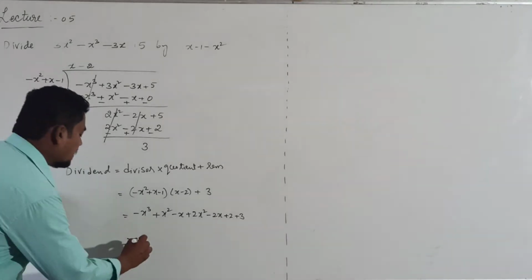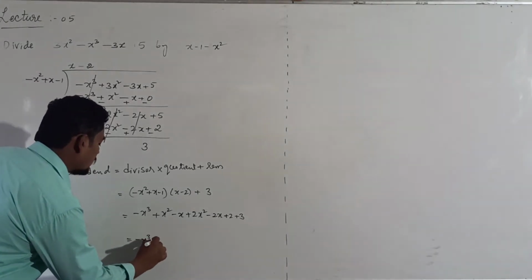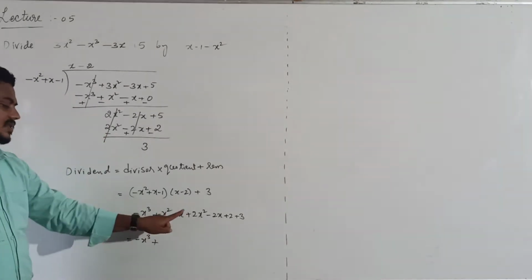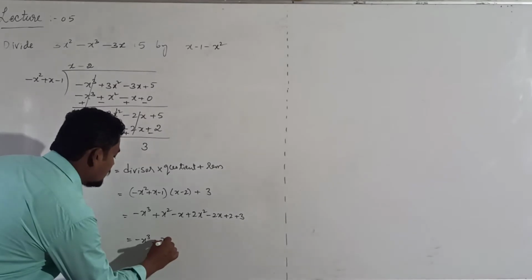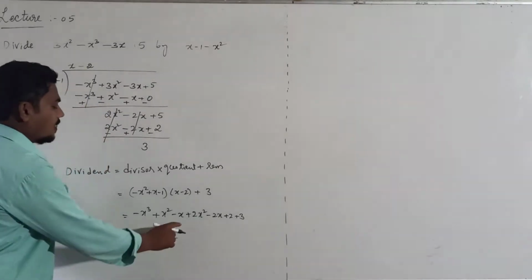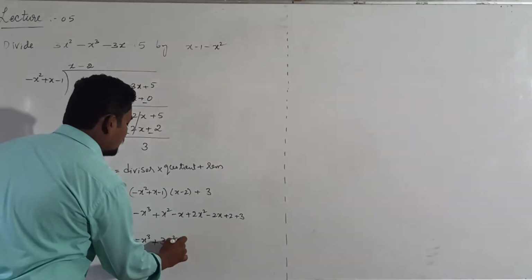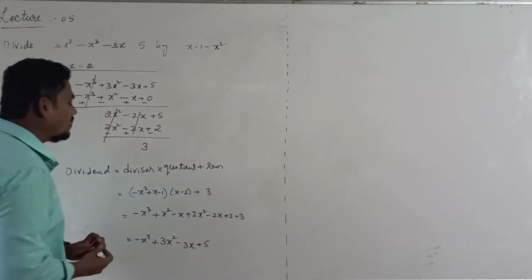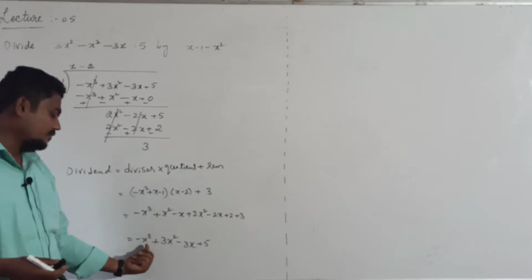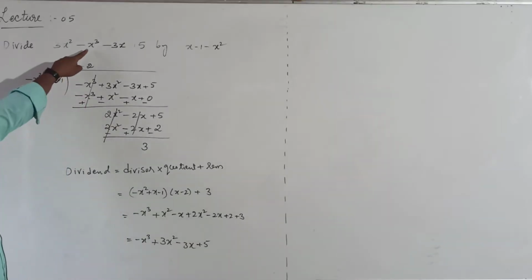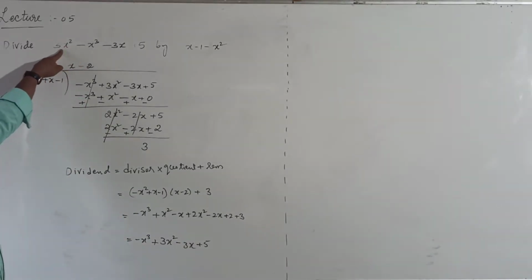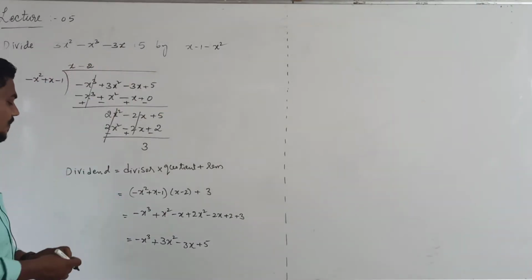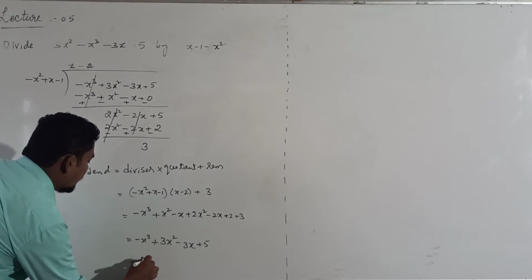Now minus x cube plus, here we have 2x square plus x square, it will be 3x square, minus x minus 2x, it will be minus 3x plus 5. Now look at the dividend: minus x cube plus 3x square minus 3x plus 5. Clearly it is the dividend.